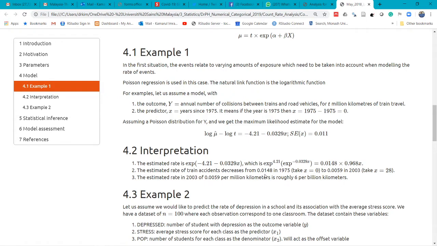So the rate decreases from 0.0148 collisions to 0.0059, which means there were about 5.9 per thousand. Before that it was about 14.8 per thousand.